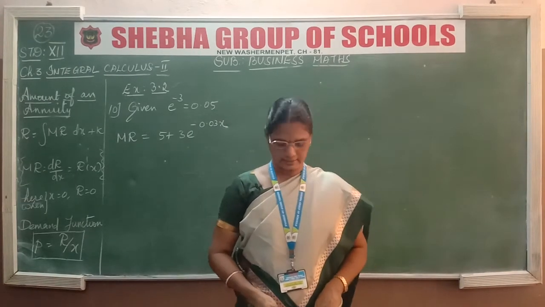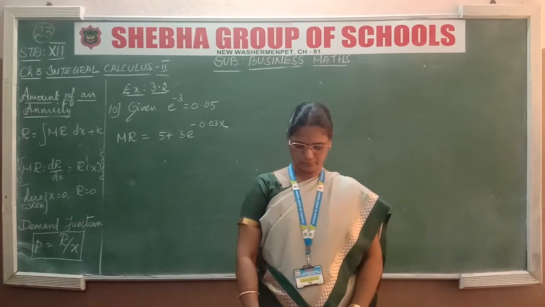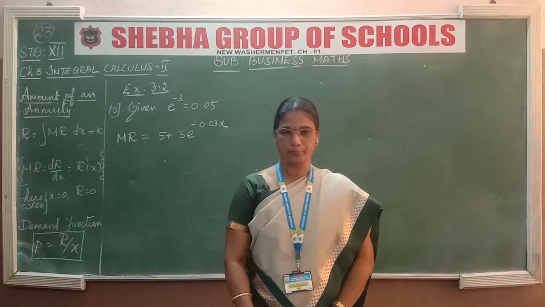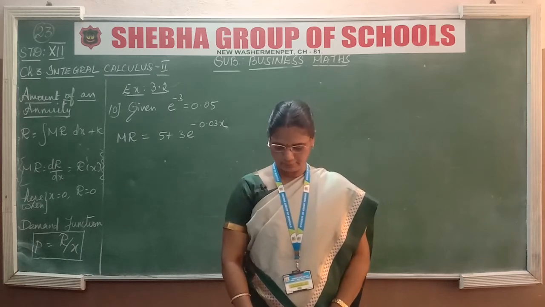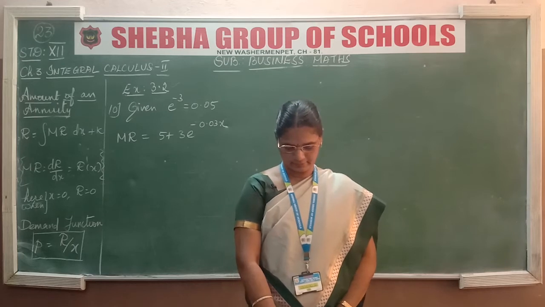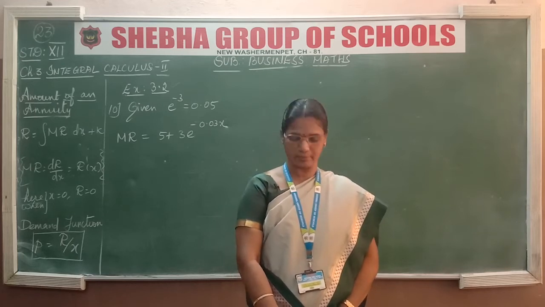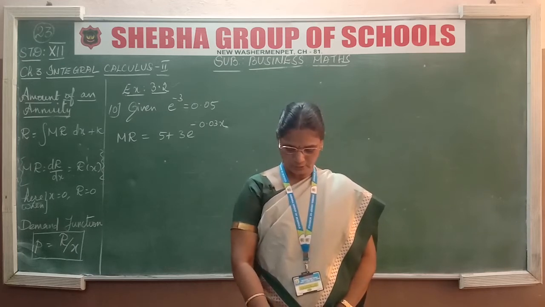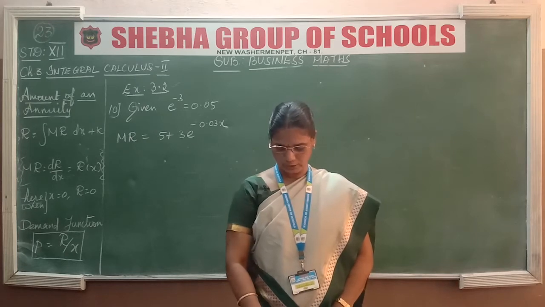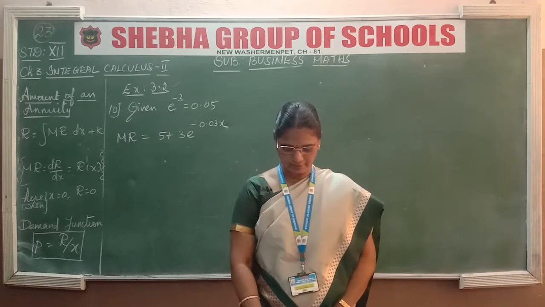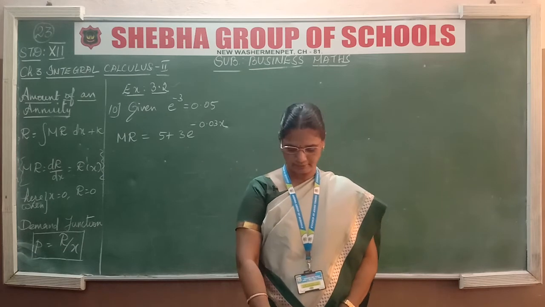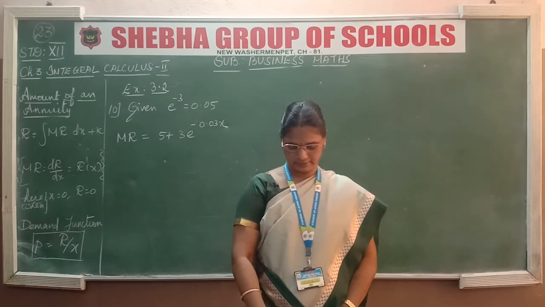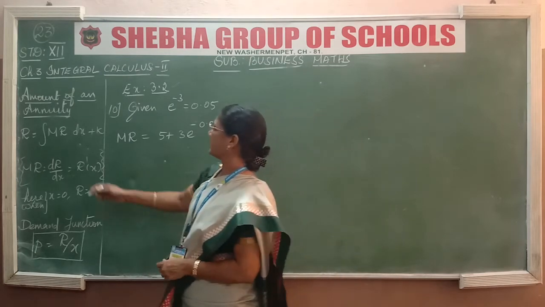Listen, the 10th sum. The marginal revenue in thousands of rupees function for a particular commodity is given. Marginal revenue is given, that is MR is given, where x denotes the number of units sold. Determine the total revenue from the sale of 100 units, and also given e power minus 3 is 0.05 approximately. Listen, here also the same.